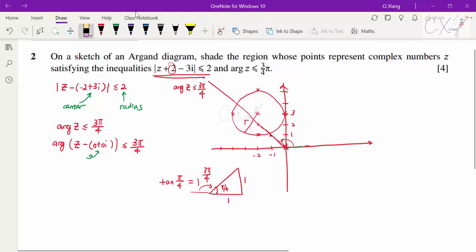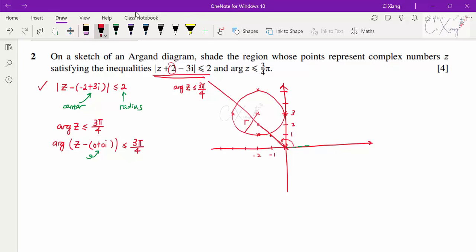Okay, smaller or equal to 3 pi over 4. So let's have a look at the shaded area now. For the first inequality, we know that the area should be bounded inside the circle because we have smaller or equal to 2. So the radius of the circle is 2. Therefore, smaller or equal to 2 means we have to shade the area inside the circle.